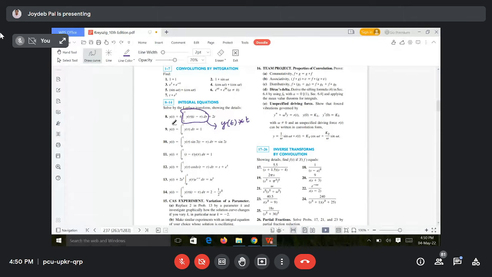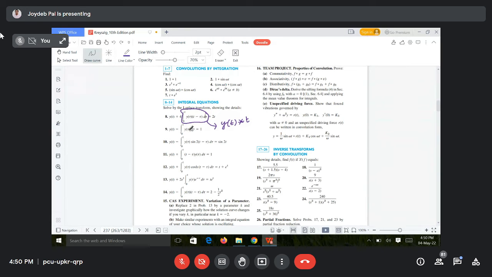In place of this integral you write y t star t, then you take the Laplace transform, apply the convolution theorem, then simplify and find Y s, then y t, like previously.